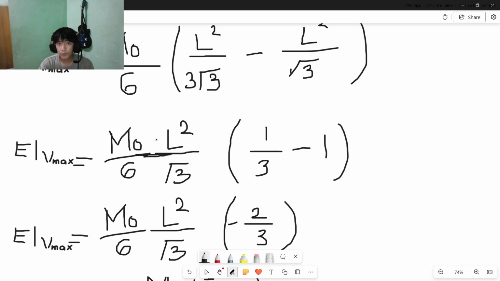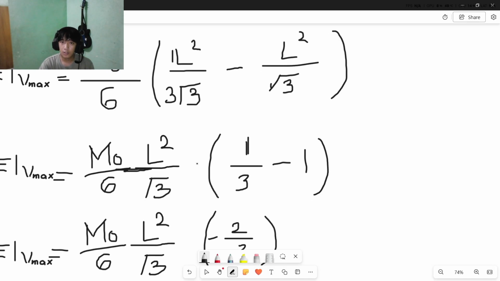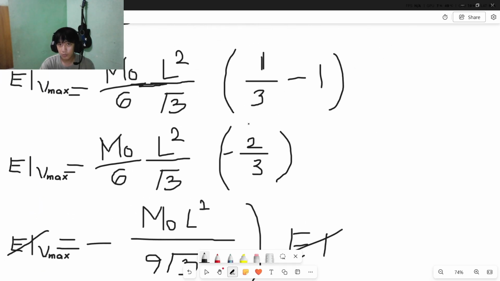m sub o times L squared over 6 times the square root of 3, multiplied by the quantity 1 over 3 minus 1, since we have 1 here, and then this 3, and then since this is factored out, it's going to be left as 1. And then our value of 1 over 3 minus 1 is going to be negative 2/3.